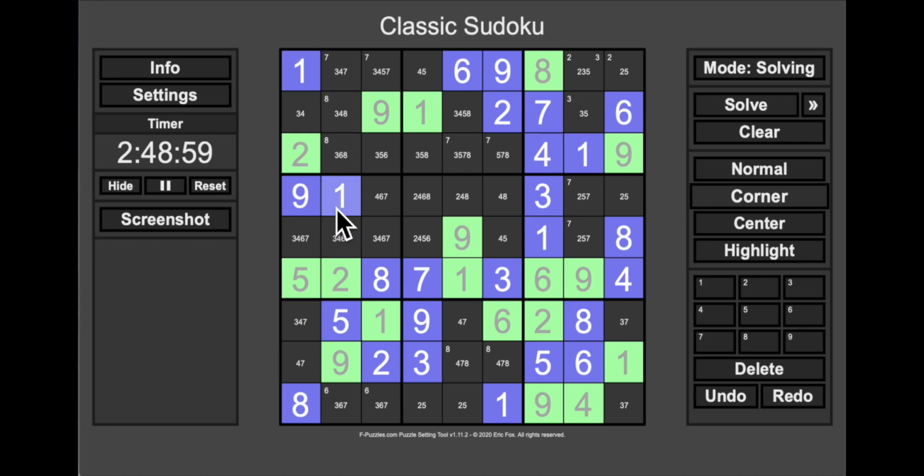Okay, I have 1s. It appears like I have 2s. There's a 5 and there's a 5. I need a 5 in box 1 on the right. It has to go in one of these two spaces, right?